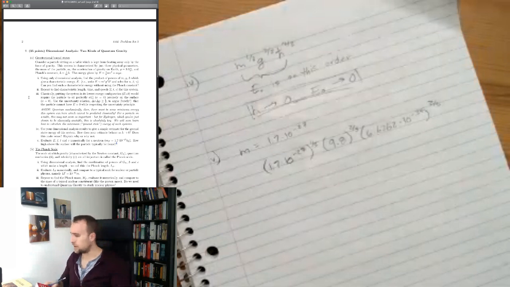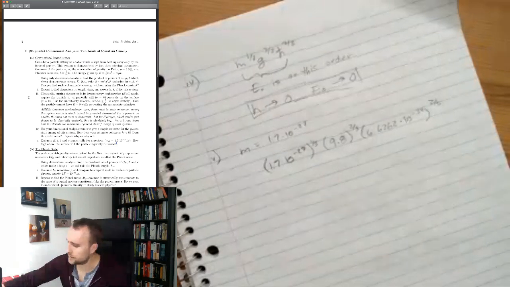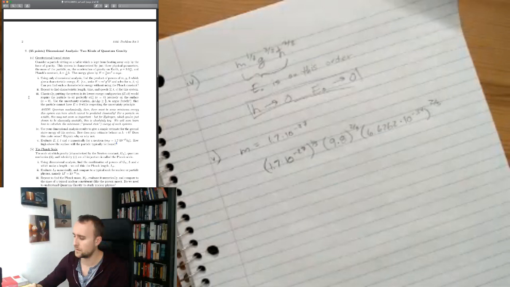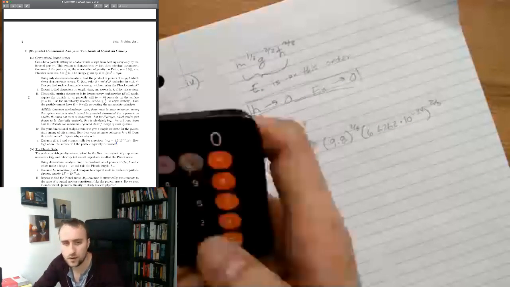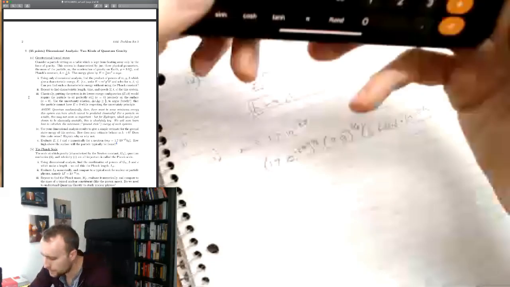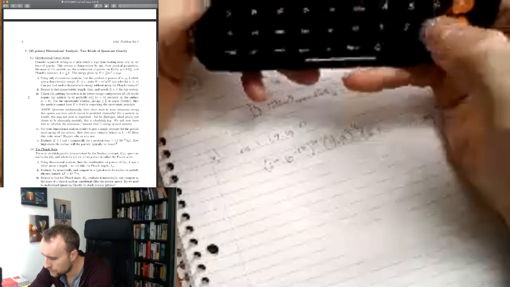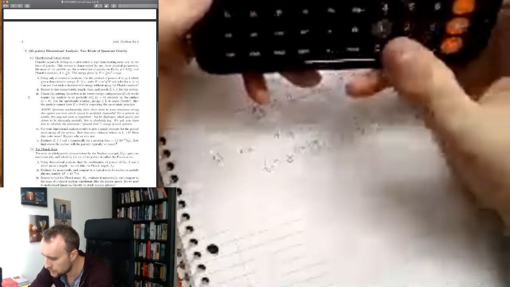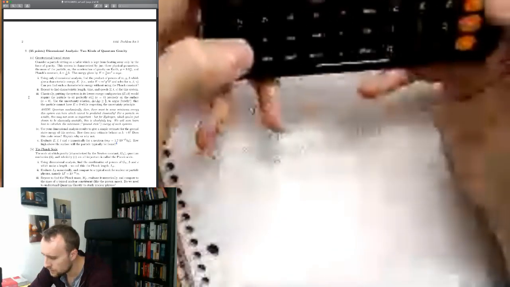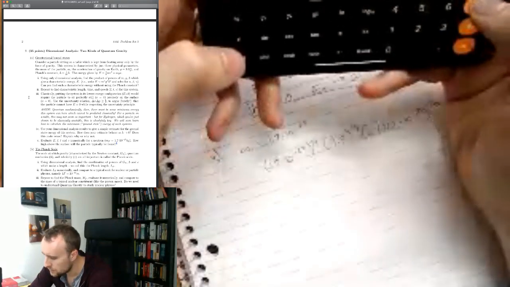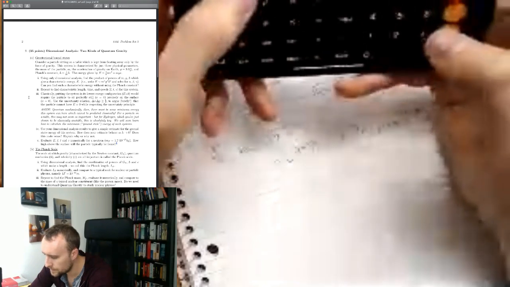So this seems like a problem best handled by a calculator, so I'm going to just do this on my phone. Let's see if I can do it, although perhaps I will get a calculator if I have to do this a lot more. So we have 1.7 times 10 to the negative 27.